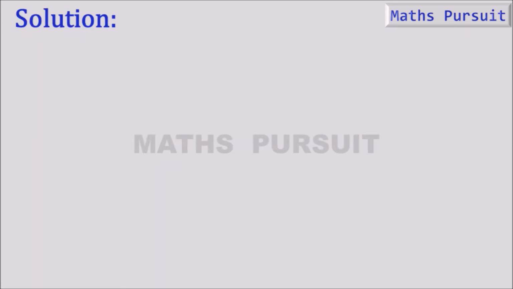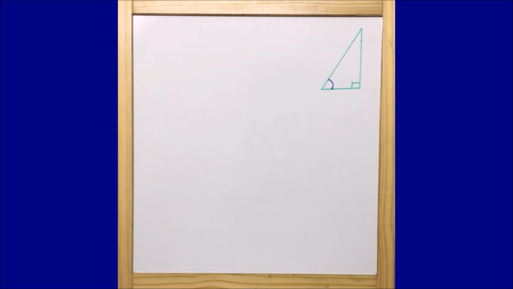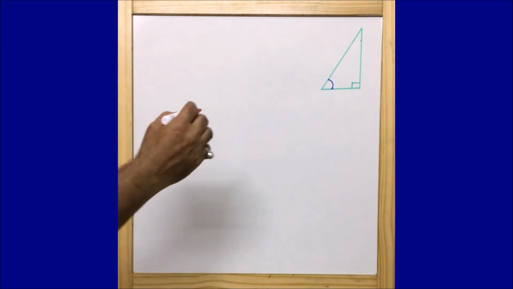Moving on to solution. So as per this question, it is given that in triangle PQR, right angle at Q. So let us first of all draw the triangle PQR, right angle at Q. I have already drawn a triangle.